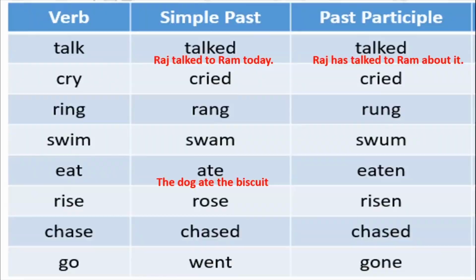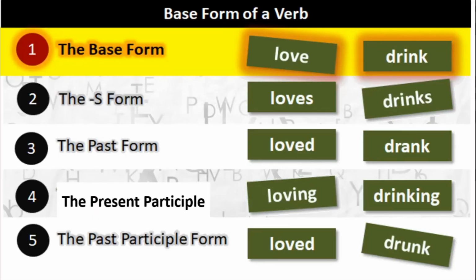Alright? So let us look at what all we have learned today. So we talked about the base form. We will pick up two examples and try and see what we learned today. So the base forms of love and drink. Along with the S, love becomes loves and drink becomes drinks.